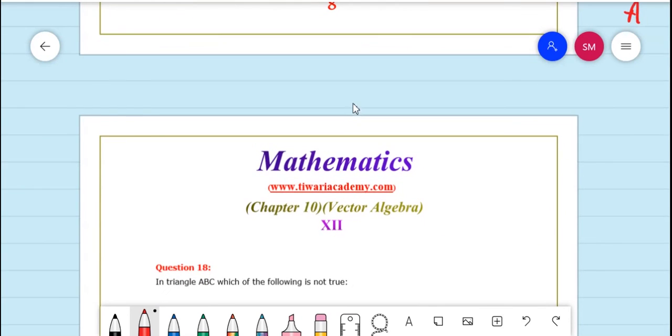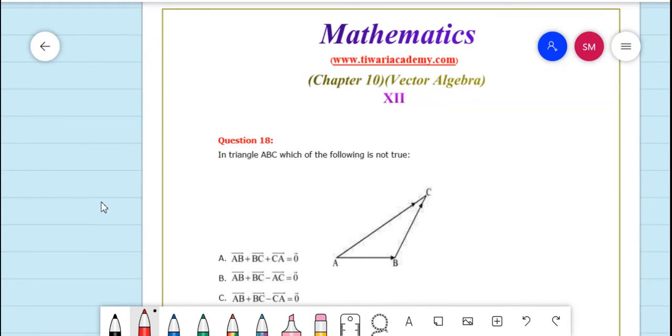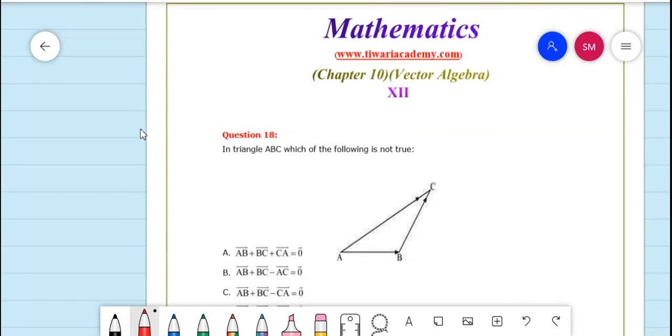So sums are very easy. Now the true or false and MCQ questions I am leaving up to you.